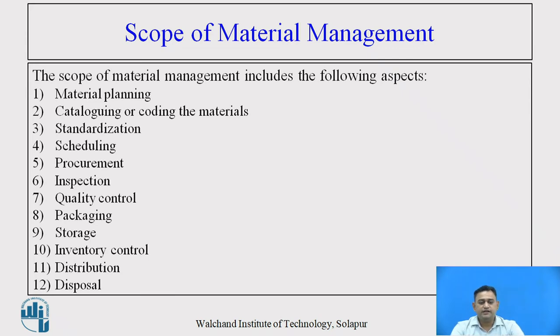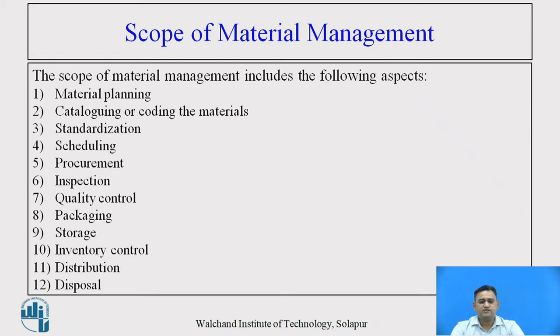Finally, there is a need of what? There is a need of continuous observation regarding the overall quality of the raw material or the semi finished material, and finally the finished product also.